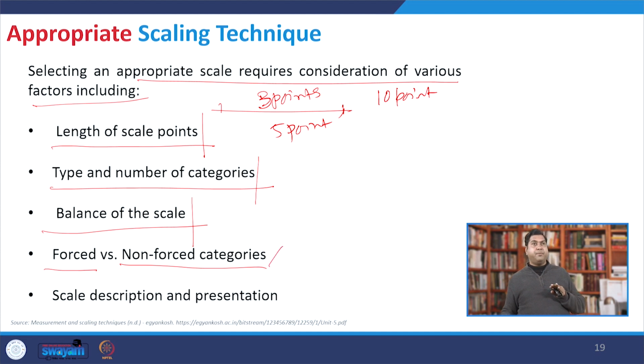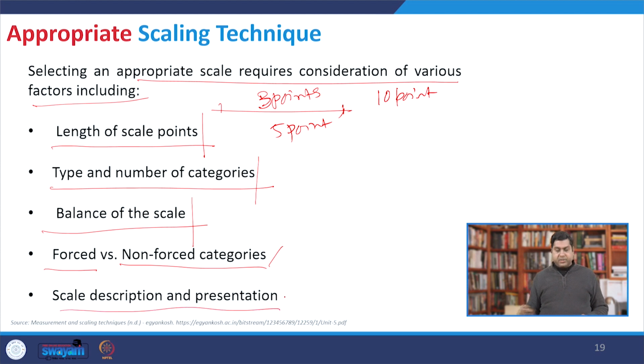Even if I am not very sure, I want to be neutral, I have to take a call. You can't say you are neither positive nor negative, you have to take negative or positive. So I force a person to take a call which is nearest to their position, but that is definitely something forced.